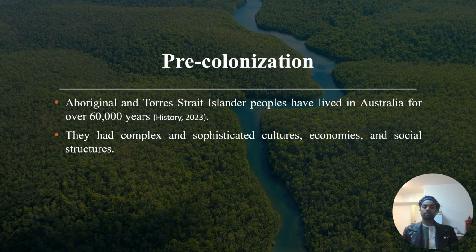So it's always important for students to gather knowledge about these, and for how long and the way they have been living. From here you can get that for 60,000 years they have been living here in Australia.